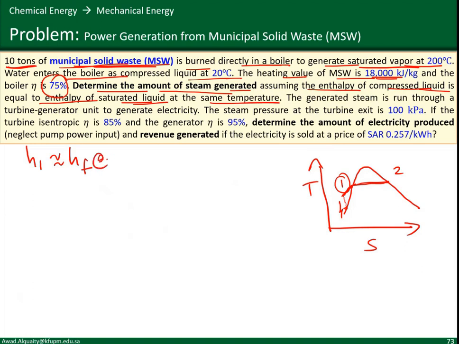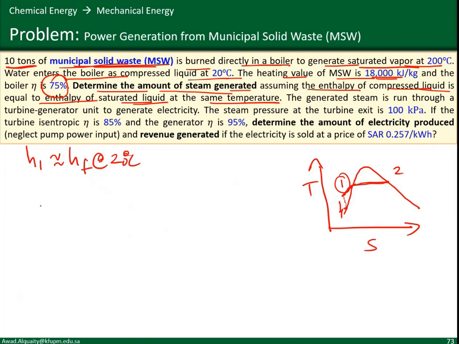So H1 is almost equal to hf at 20 degrees Celsius. This is a very reasonable assumption. It's not something new. This is standard practice in thermodynamics. When we are dealing with compressed liquid, the pressure doesn't have much of an effect, so we don't even have to know what pressure it is at.